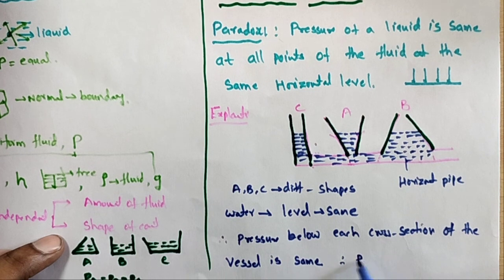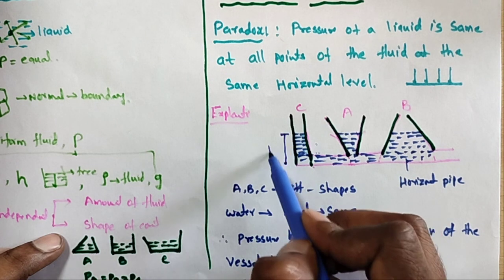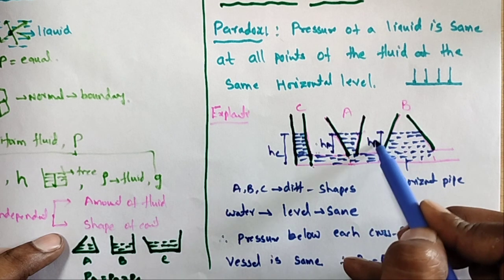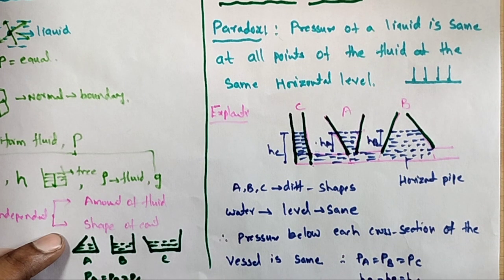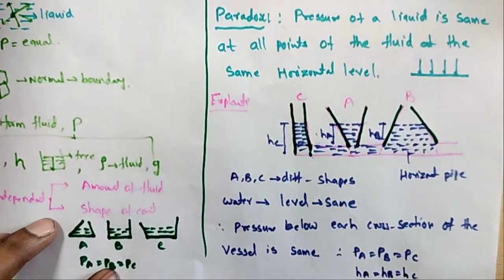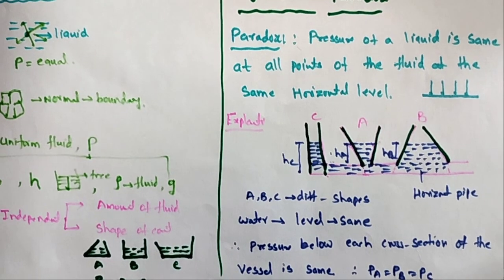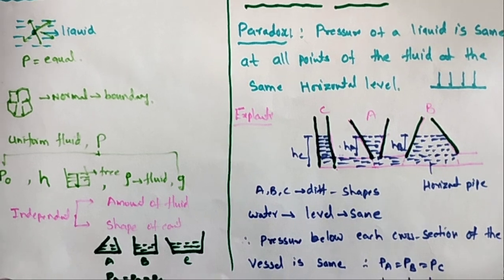That is, PA equals PB equals PC, which means the heights are equal: HA equals HB equals HC. So this is called the hydrostatic paradox. This is the fluids second video. Thank you one and all.